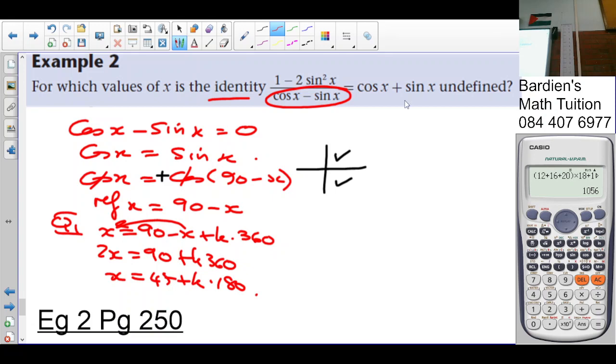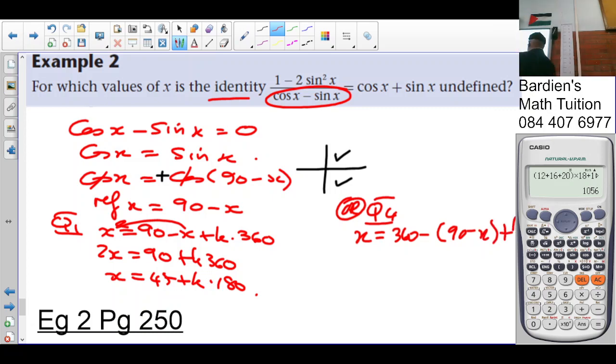And then in quadrant 4, how do you get in quadrant 4? 360 minus (90 minus x) plus k times 360. So it's going to give you x equals 360 minus 90 plus x plus k times 360.